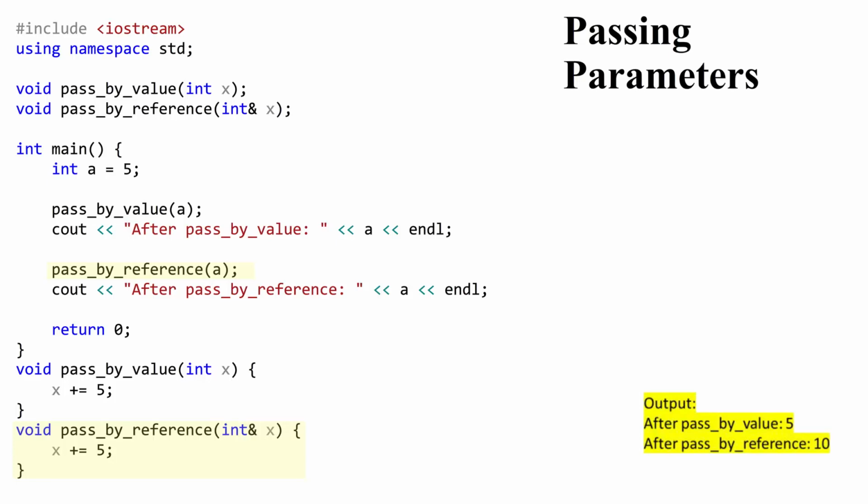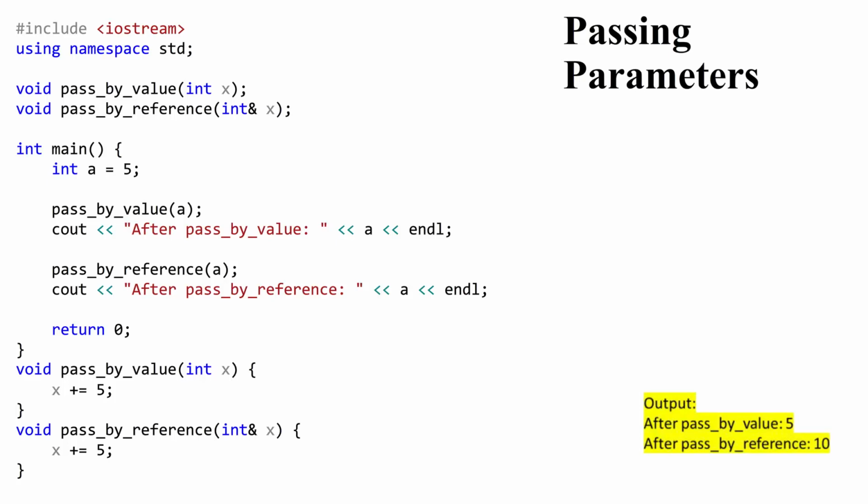The control flow goes to the pass by reference function definition. It takes a reference to an integer and adds 5 to it. The original variable passed to the function is modified as well because we pass the memory address of the parameter.